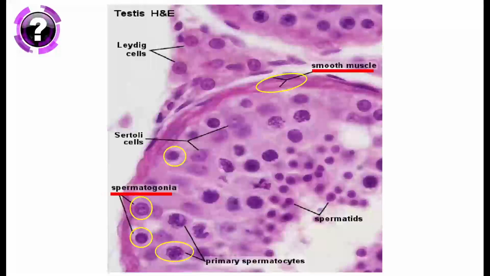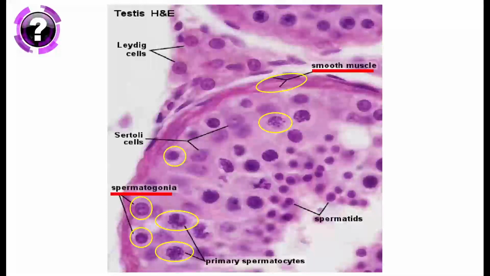They are larger, and in this last cell, you can find that the chromosomes are dispersed because these cells are dividing very rapidly, and they are next to the spermatogonia, and they are the primary spermatocytes.